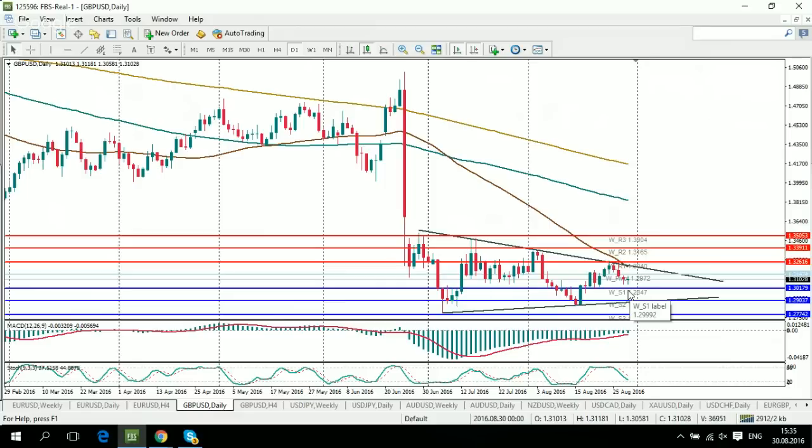All in all, last week we saw that data from the United Kingdom is not as bad as some analysts and experts have feared. It seems that Brexit didn't hit the UK economy as much as feared.